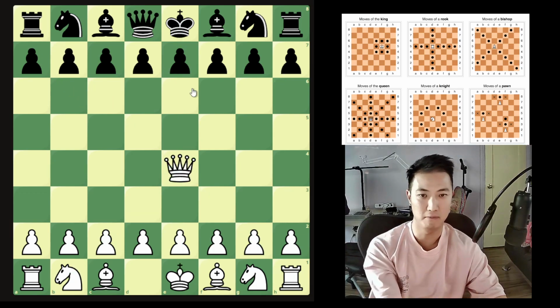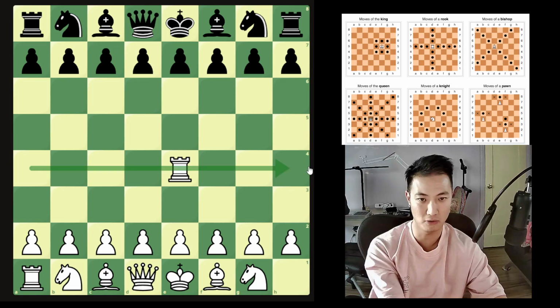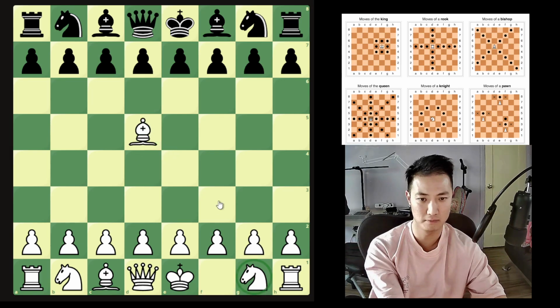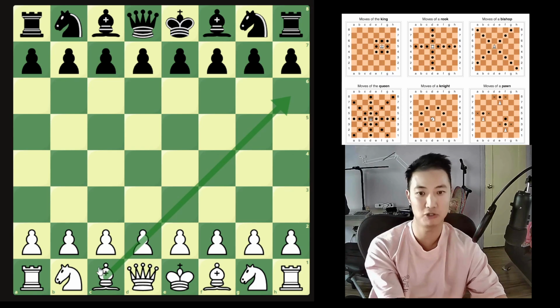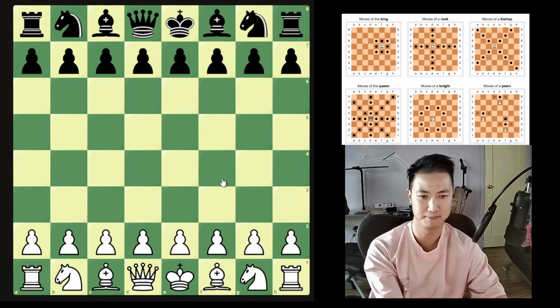Rooks can only move horizontally and vertically, so think of it as a T. And then bishops move on diagonals. There's only one bishop of each color for each side, so there's always going to be a dark squared bishop and a light squared bishop that control the dark squares and light squares respectively.